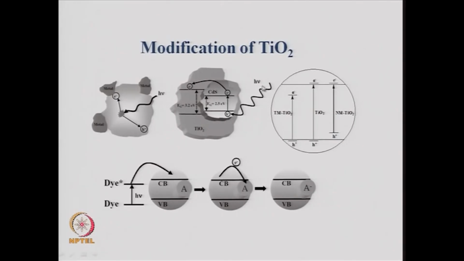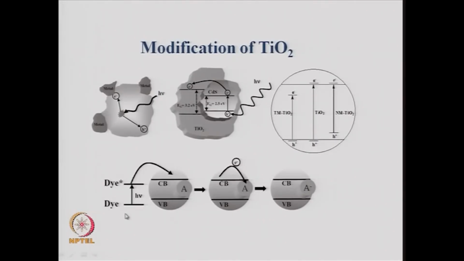So, when the light falls on cadmium sulphide, the electron goes to the conduction band and the electron is transferred to the TiO2, and so the electron and hole are now separated on two different particles. The hole is retained on the cadmium sulphide and the electron goes to the TiO2.